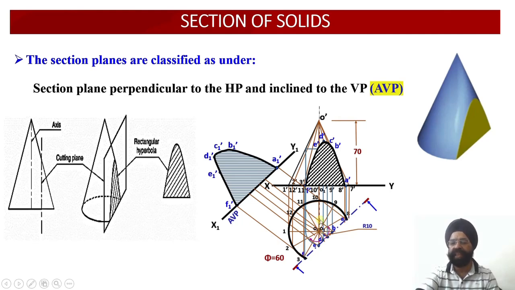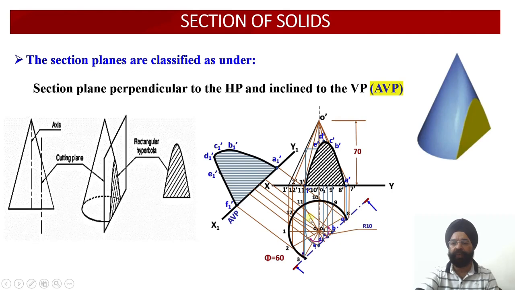In this case we should divide the top view of the base of the cone into 12 equal parts, because more points should be available, since the cutting plane is not cutting all the generators of the cone. Only a few generators plus a couple of base edges will be cut. These are the couple of base edges cut by this cutting plane, and only a few generators lying in this area will be cut by the cutting plane.